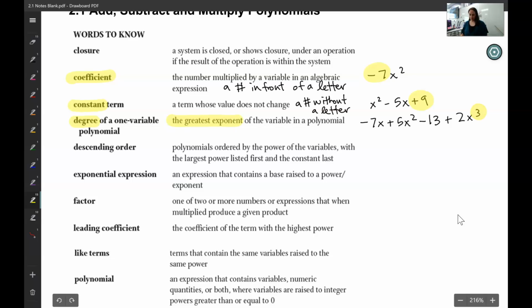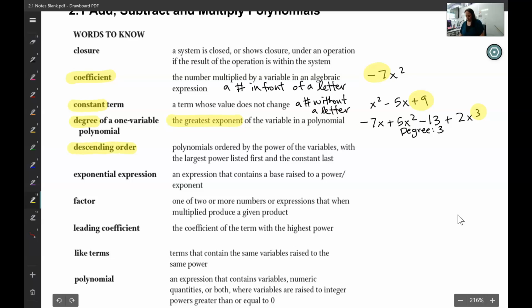So if I look through this polynomial, I look at all the different exponents. I have a 1 there. If there's no exponent written, it's a secret 1. So that would be exponent 1. Exponent 2. This one has no exponent, 0. And exponent 3. The greatest exponent is a 3. So we would say this is a degree 3 polynomial.